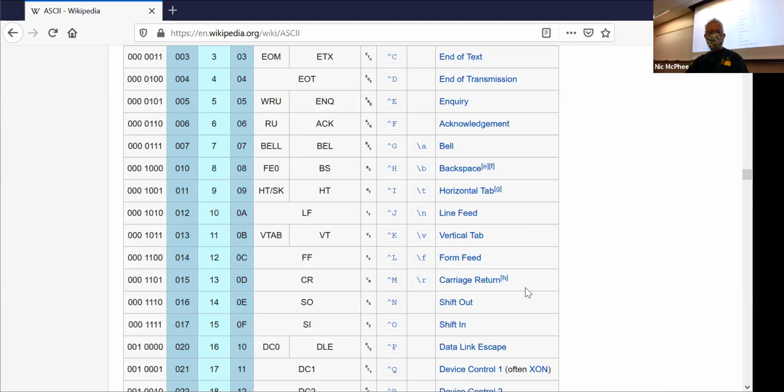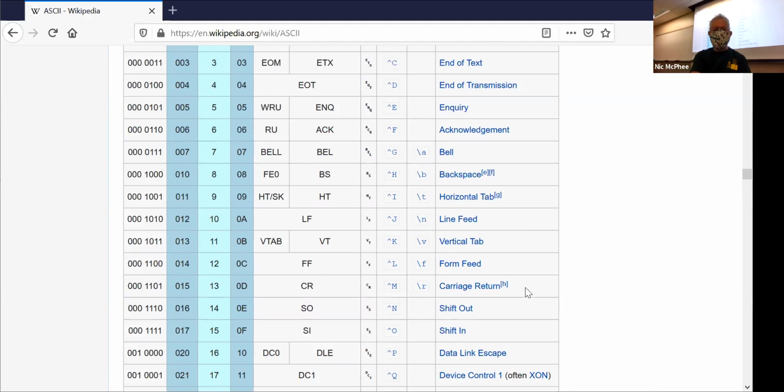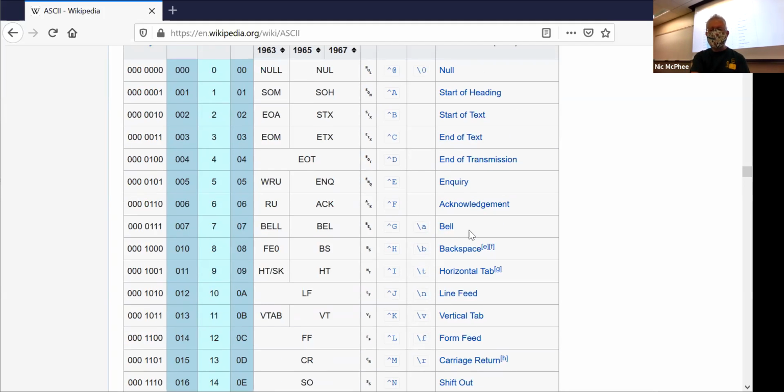And number 7 decimal is bell. So those early teletypes literally had a physical metal bell attached to them, and it was a way of getting the operator's attention, because often there was a lot of stuff being printed, and there was a person whose job it was to sit in a room and keep an eye on the machine.